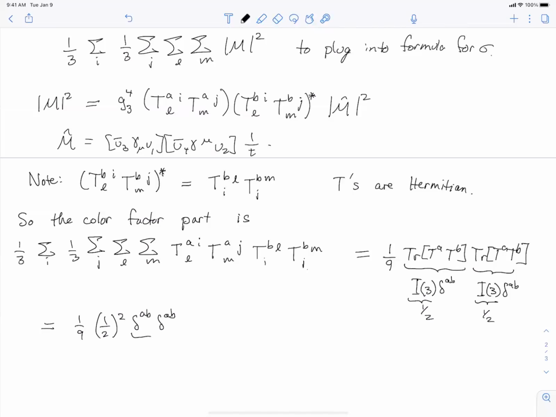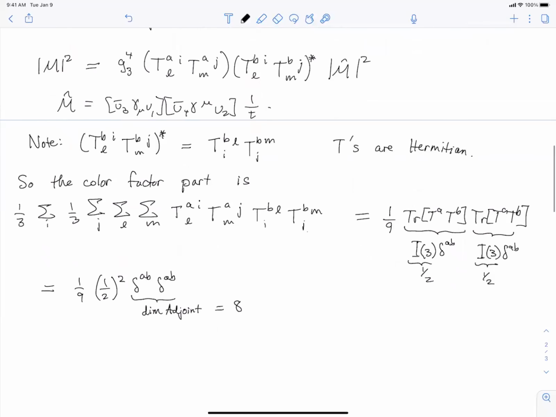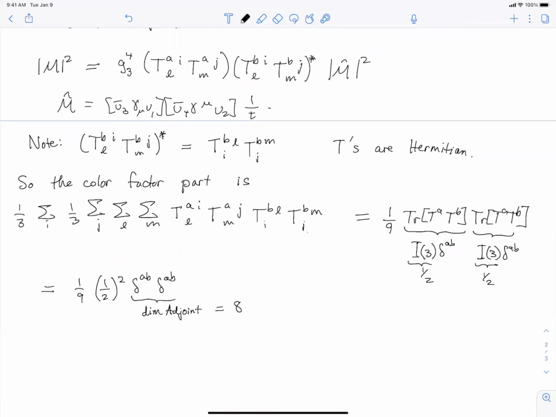And so what we're really doing is we're summing the identity, or 1, over all 8 of the ABs, which are the colors. And so this is the dimension of the adjoint representation, which for QCD is equal to 8. Okay, and so the whole color factor just turns out to be 2/9.